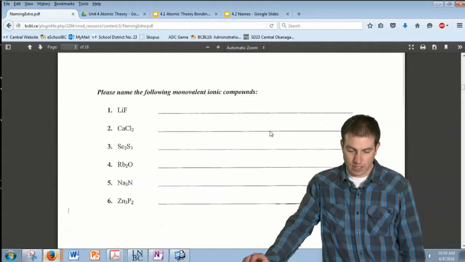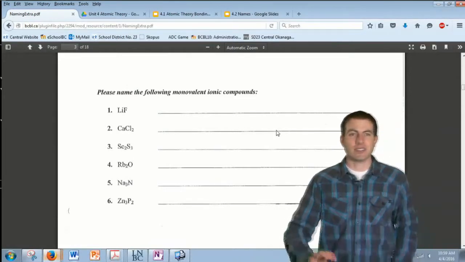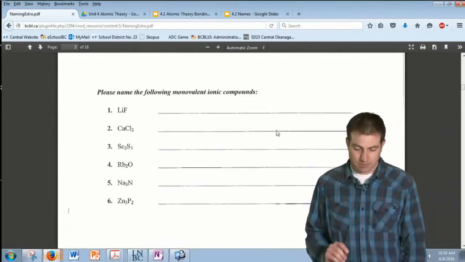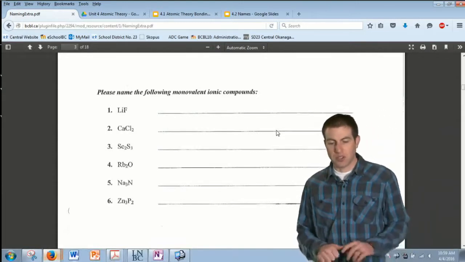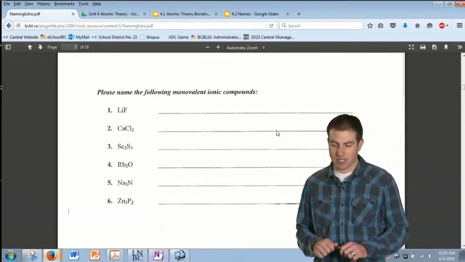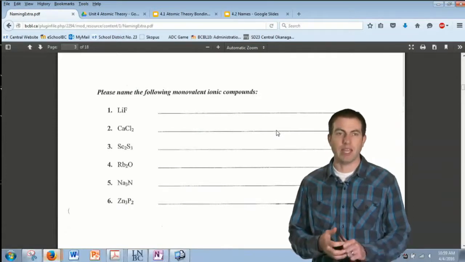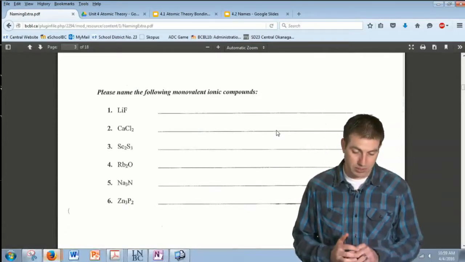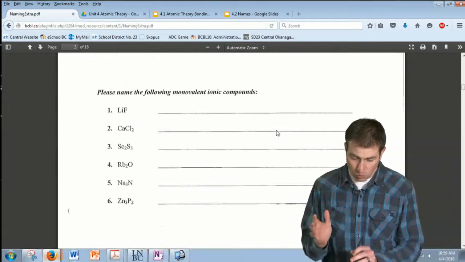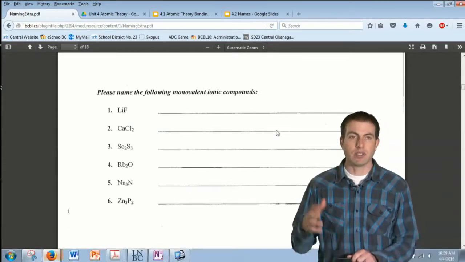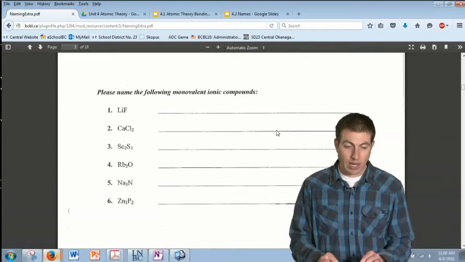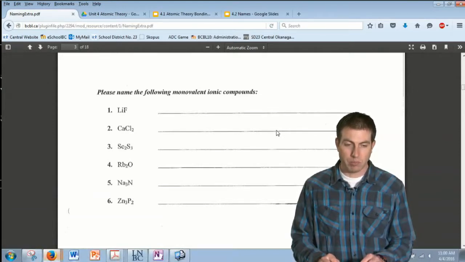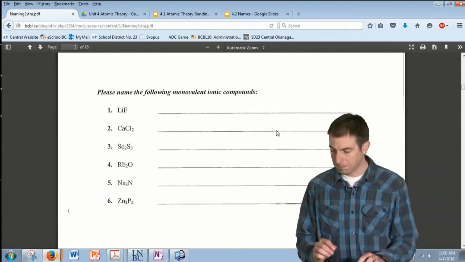So this is 18 pages of naming. Now, I know some of you are going to do it all and kill yourselves doing it, and I think that's amazing. But what I will say is that I've included a bunch of extra pages of practice, and I think that it's important that you do some of them.